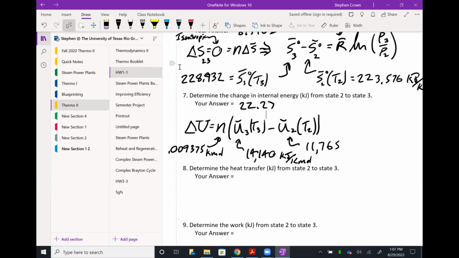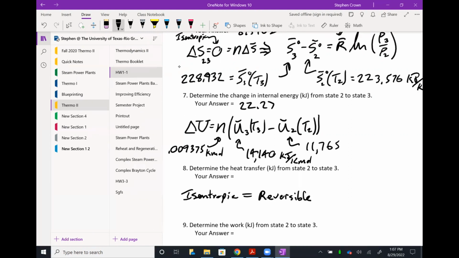Determine the heat transfer from state 2 to 3. Well, we're going to assume that all these processes are internally reversible. So isentropic generally means reversible, at least internally reversible, and adiabatic.